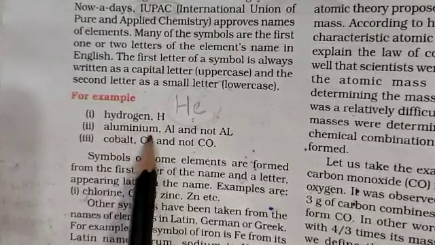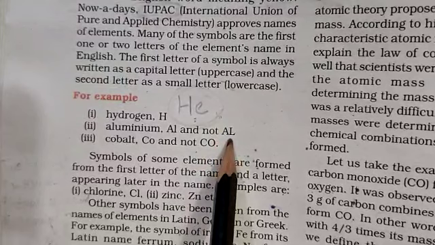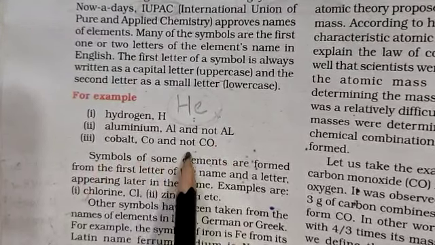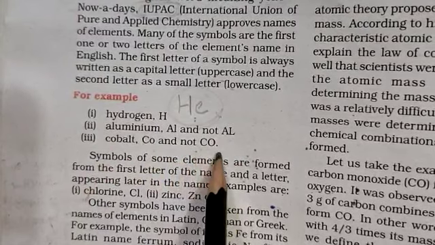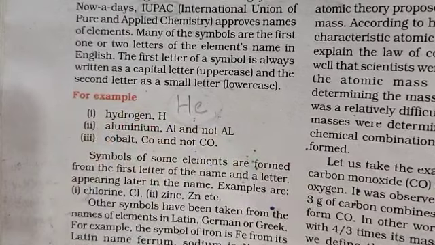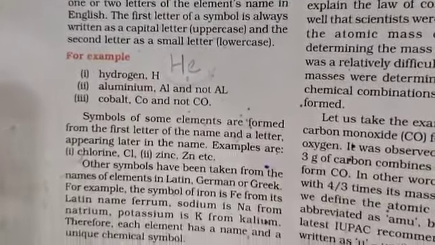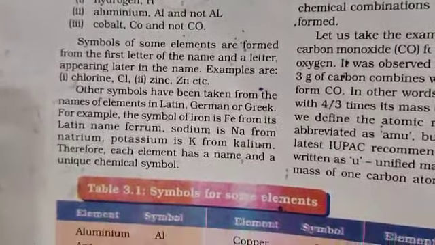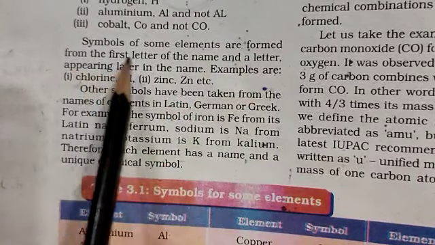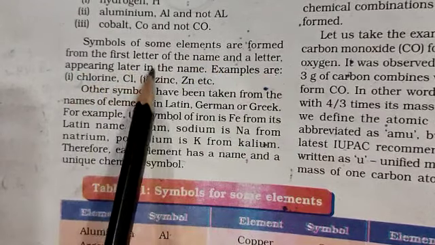For example, hydrogen is H, aluminium is Al, not AL, capital letters for both we are not using. Clear? For cobalt we are using C and small o, not capital C and capital O. This is the way we are writing the symbol. Whenever we have to write the symbol, the first letter will be capital but the second letter will be small. Symbols of some elements are formed from the first letter of the name and a later appearing letter in the name.